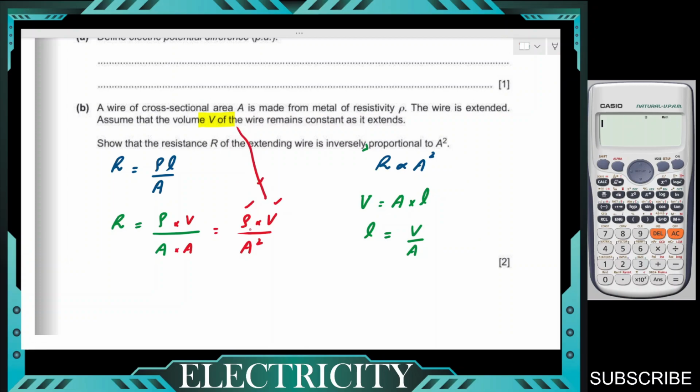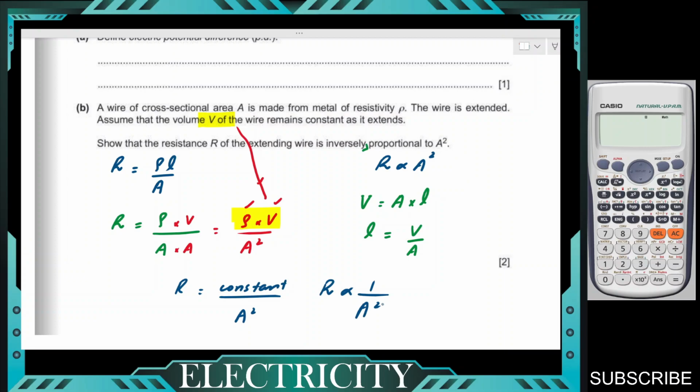So if these two things remain the same, they can be treated as a constant. So R equals a constant divided by A square. And if I convert it back into proportionality, we don't write the constant.